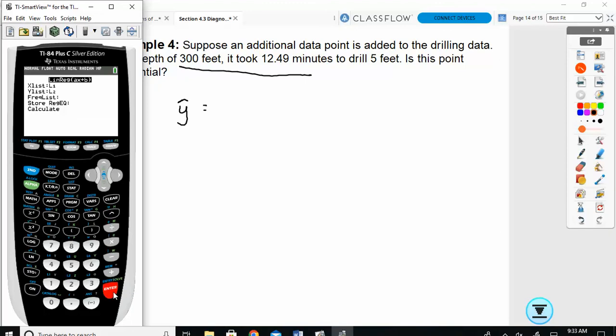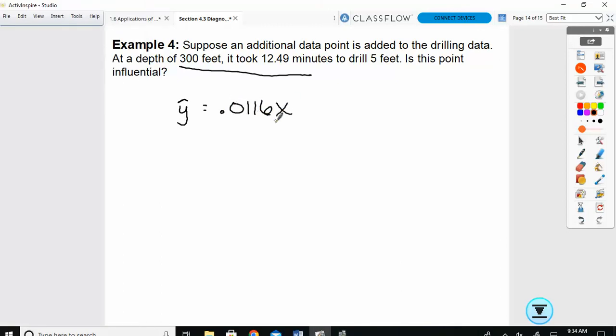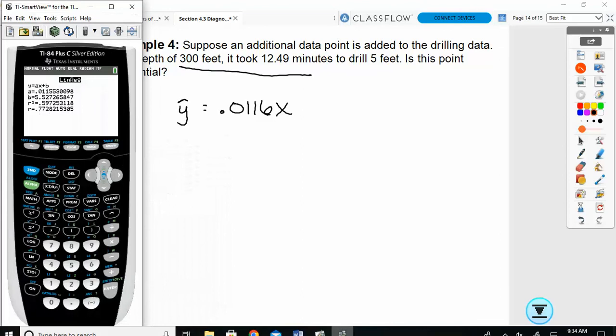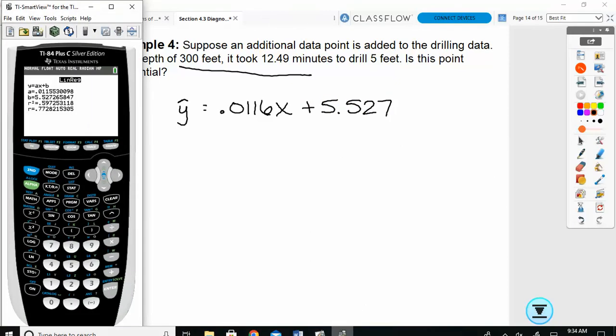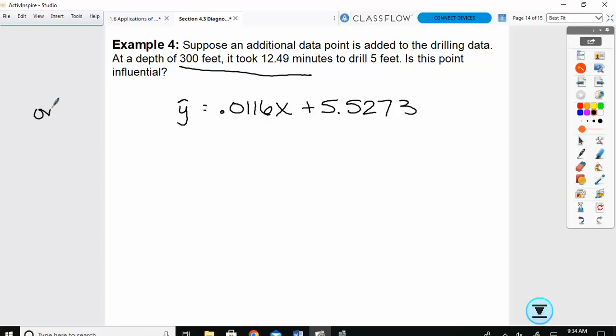So the linear regression line with the original data we had in here was 0.0116x plus 5.5273. So that was my original. All right, you guys have entered that point. So now go run your regression line, and tell me what you get.